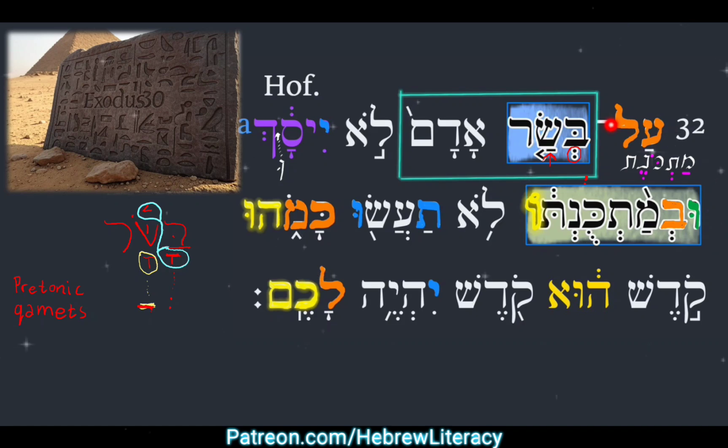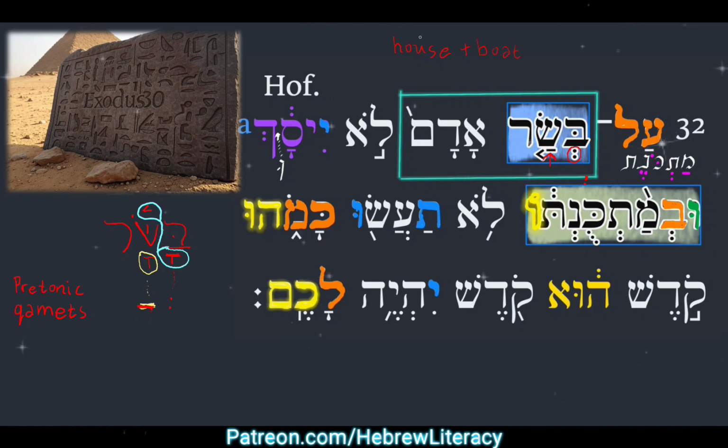In the construct state, the basar, it becomes, you get the shwa under the first one and the patach, just the flat horizontal bar on the second one, because in the construct state in ancient times, they were read as if they were one word, right? Kind of like the example I like to use is, in English, you might have the word house, and you might form a compound word by adding it to the word boat.